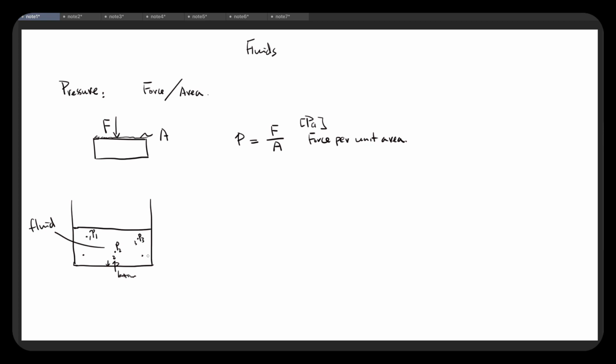And not only the bottom, but also the side wall experiences pressure on the side. And they have different values, okay? But the point is that the pressure is everywhere. And again, the reason for that is gravity.